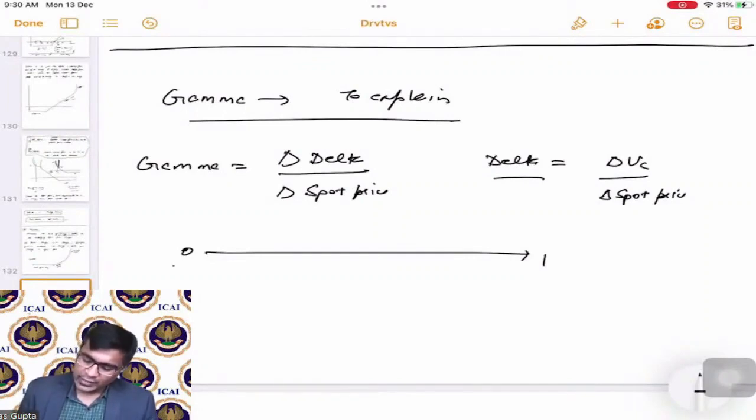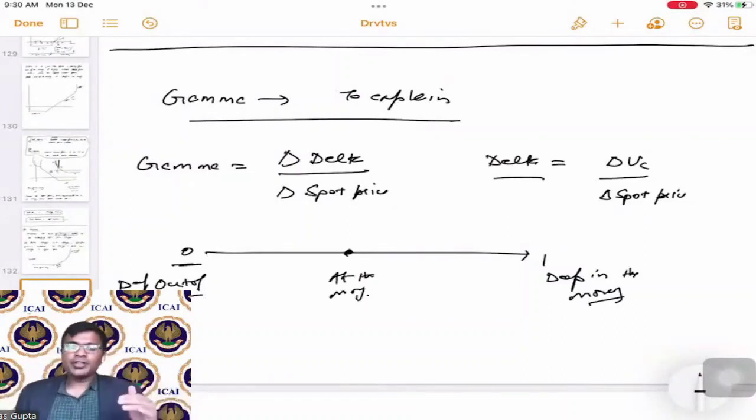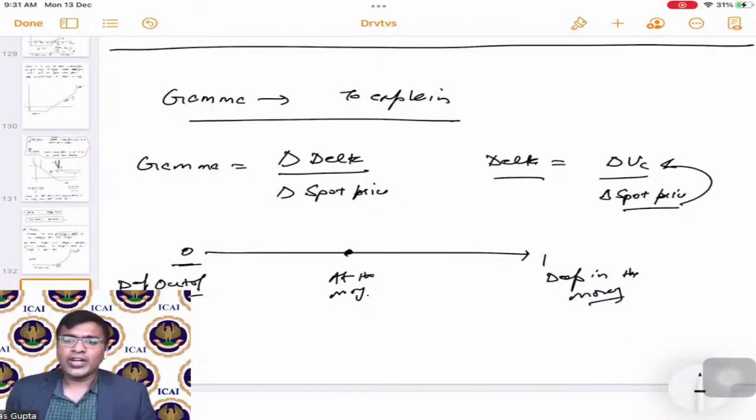So 0, it will be deep out of the money, I can say. And 1, it will be deep in the money. Okay, students? And it will be here somewhere at the money. Now, we are not talking about here the change of spot price impacting the change in value of call option.